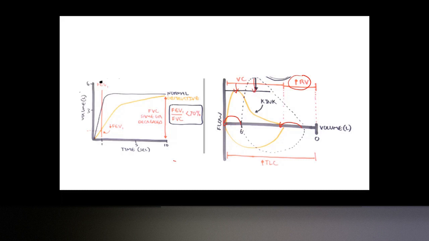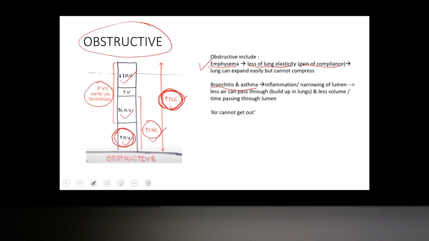Does anyone have any idea why the peak expiratory flow decreases in obstructive diseases? Any idea? The alveoli collapse during expiration. Yes, exactly.